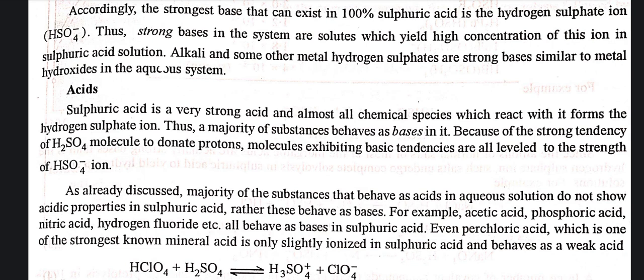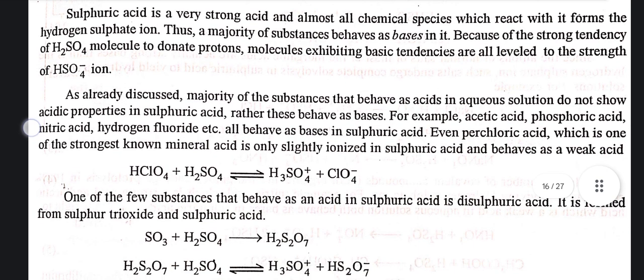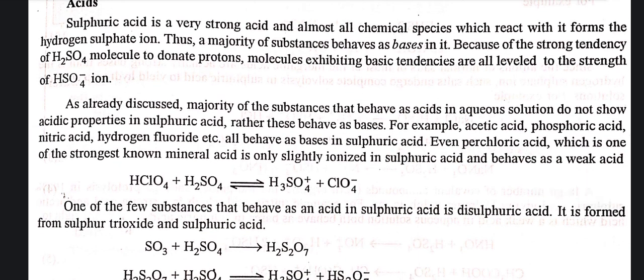As already discussed, the majority of substances that behave as acids in aqueous solution do not show acidic properties in sulfuric acid. Rather, these behave as bases. For example, acetic acid, phosphoric acid, nitric acid, hydrogen fluoride, etc. all behave as bases in sulfuric acid.